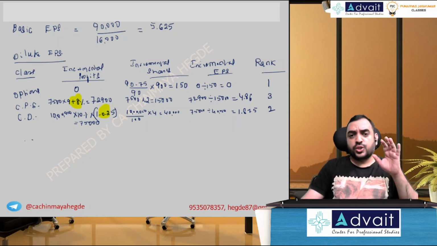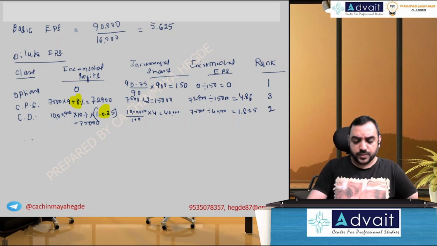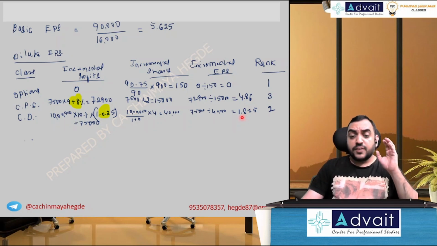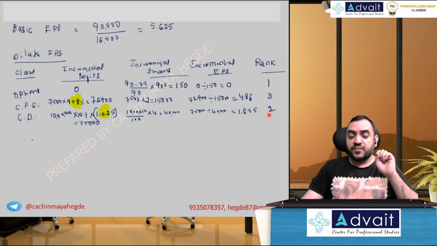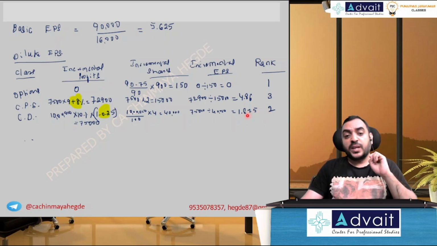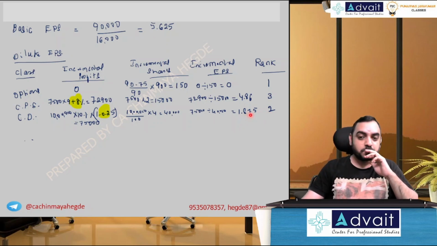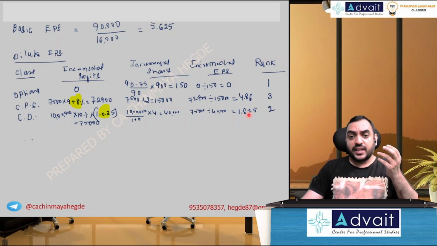Just for curiosity's sake, I'll ask one question. Try to answer it. If this is not 1.875, if it was 5.875, which rank would you have given for the debenture?